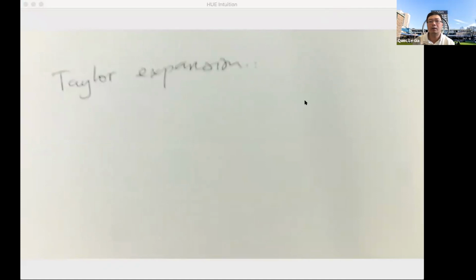What is the Taylor expansion formula that you know of, or do you just look it up?